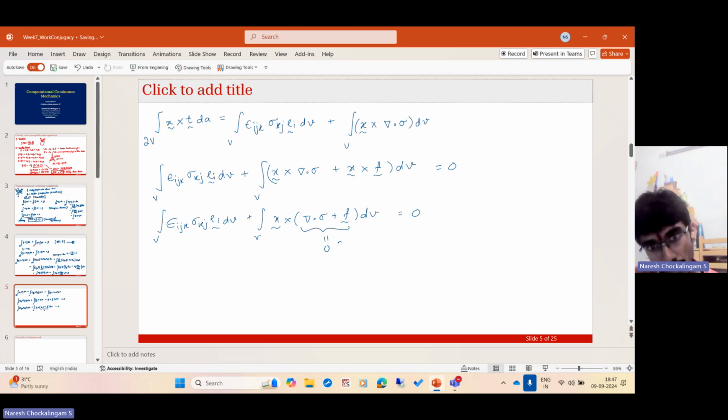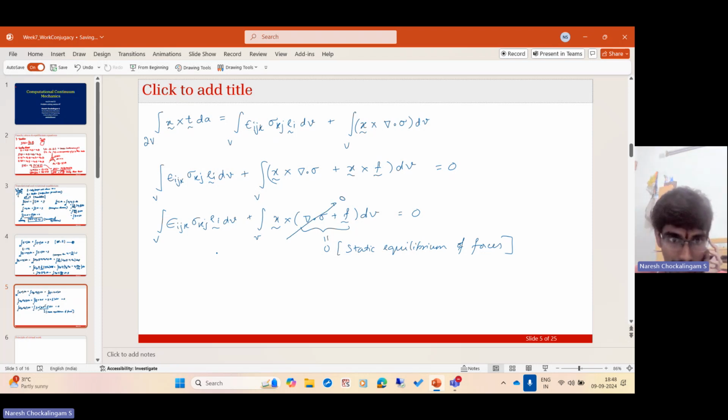This is equal to 0 by static equilibrium of forces. So this was the translational equilibrium condition, which means this entire term vanishes. So we are left with the integral of epsilon ijk sigma kj ei dV equal to 0.